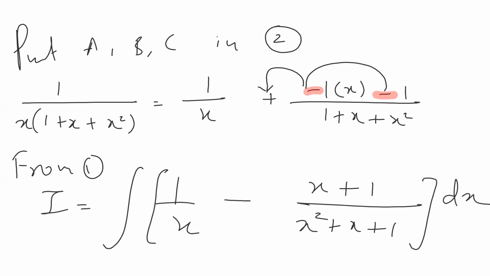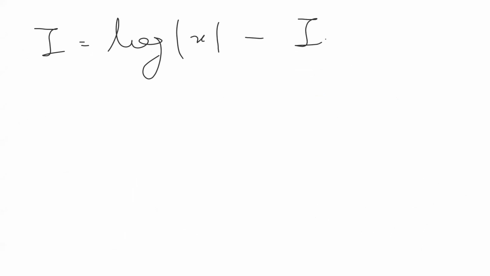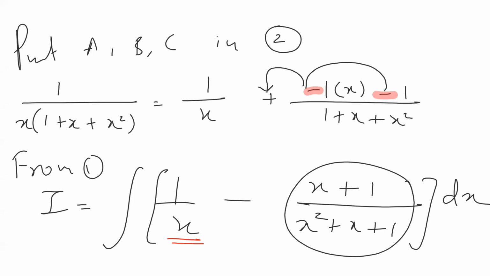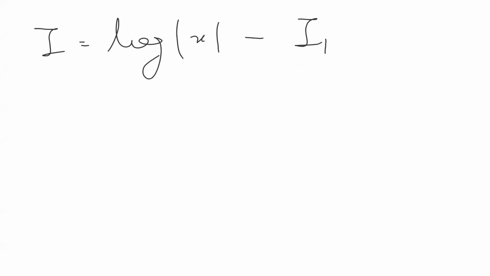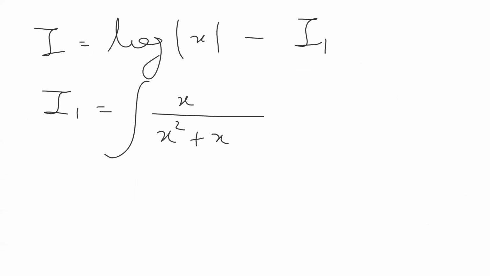So next step, I is equal to integration of 1 upon x, which is log mod x. I is equal to log modulus x minus I1. I'm taking this as I1, and I will solve it separately. I1 is equal to x plus 1 upon x square plus x plus 1.